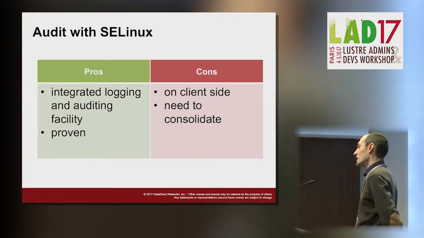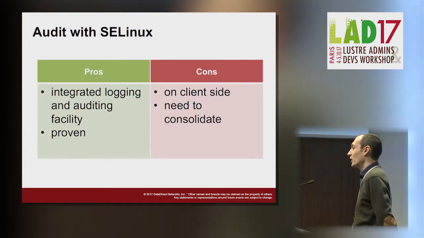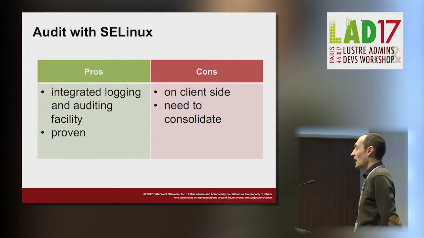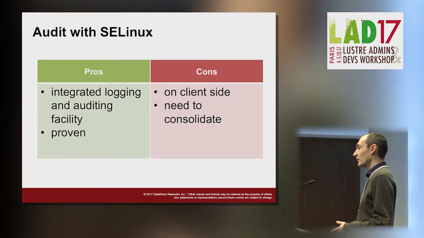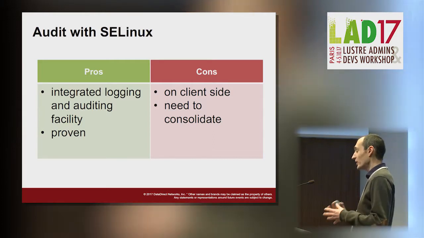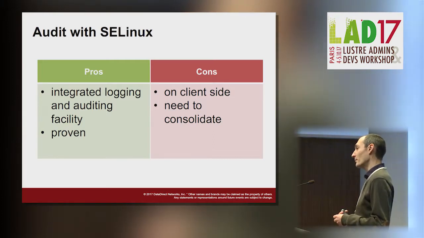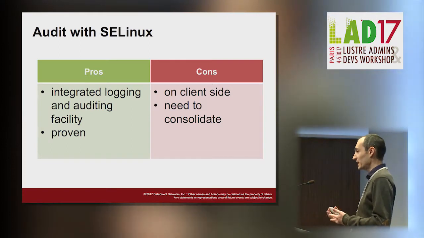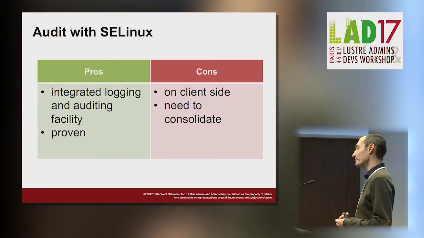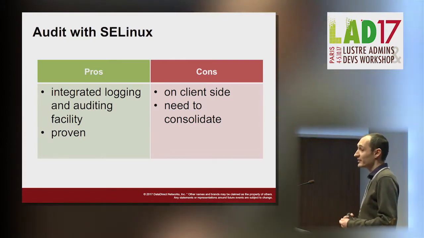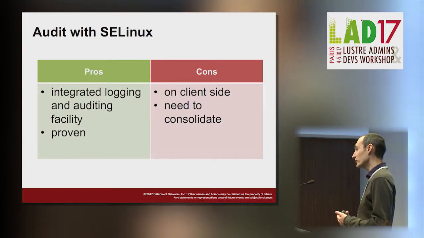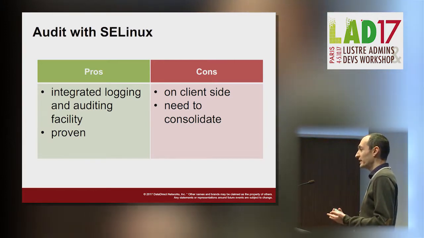The first candidate we could think of when we want to implement audit is SELinux. Indeed, according to several security specialists, the most important feature in SELinux is not its mandatory access control mechanism, but its logging and auditing facility. It's robust, it's proven, so it's a good candidate.